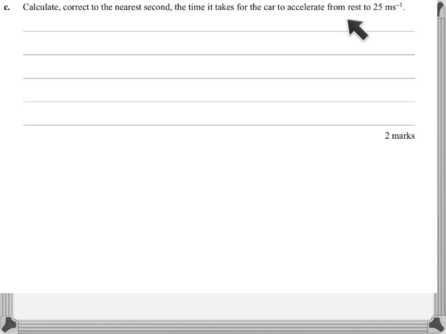So our function for speed as the car accelerates is what we need, and we need to calculate when the function is equal to 25. So we solve the inverse tan function equation when v is 25.